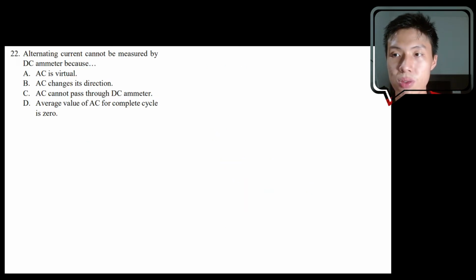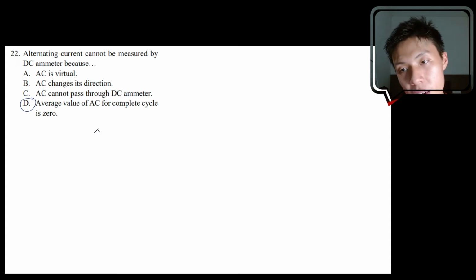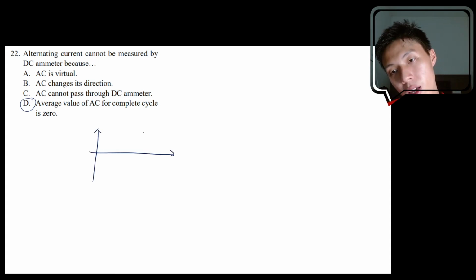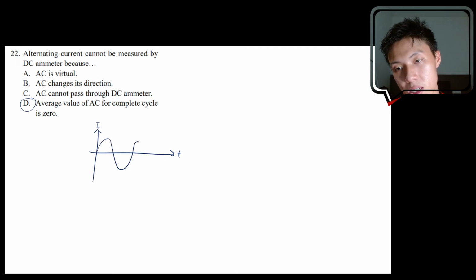Let's move on to the last one. Alternating current cannot be measured by a DC ammeter. Well, because the average value for AC for a complete cycle is 0. If you have an AC current flowing in the circuit, then the current will be changing with time, something like this.